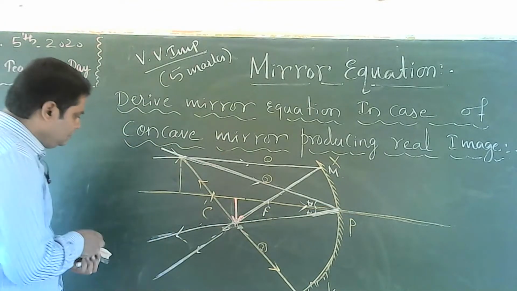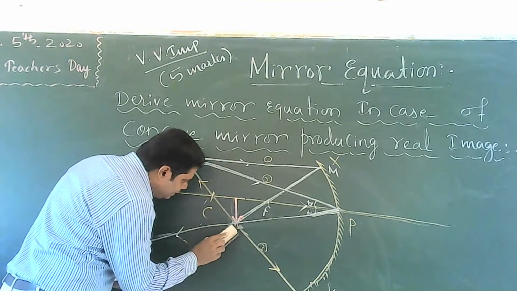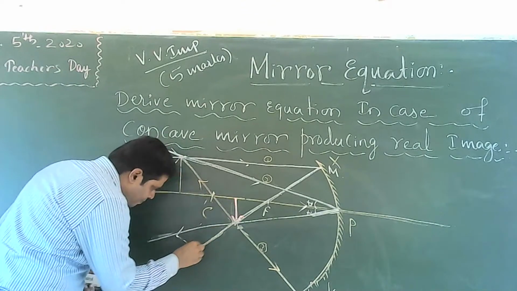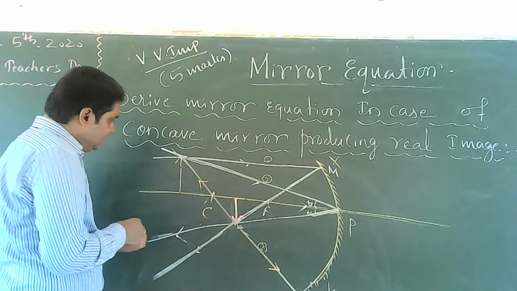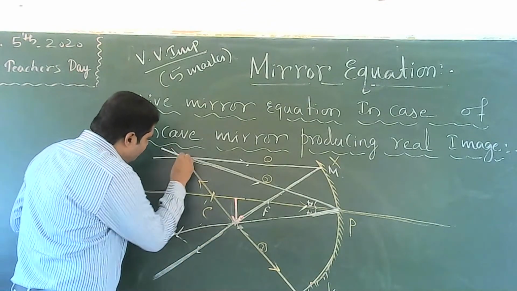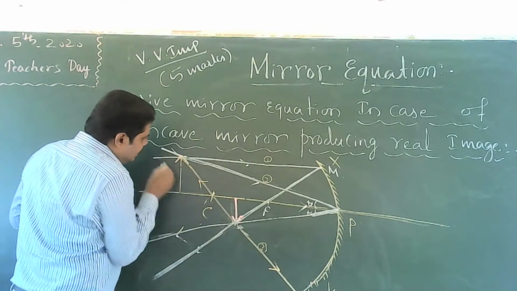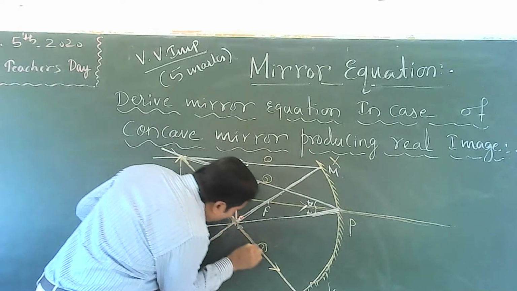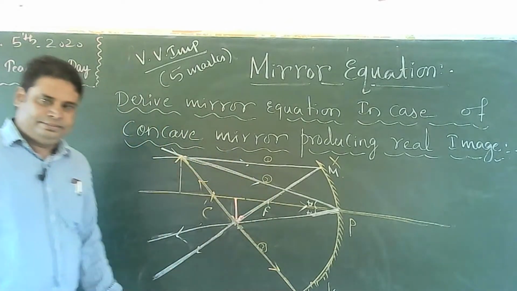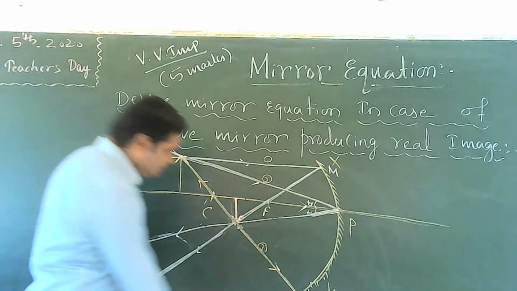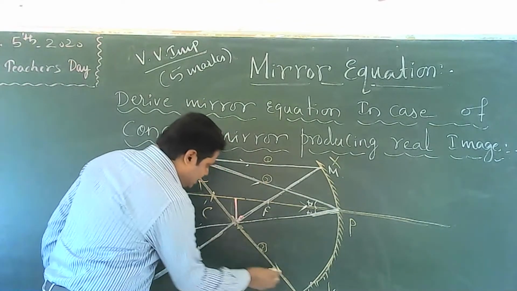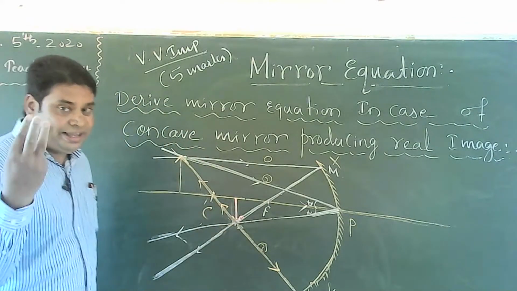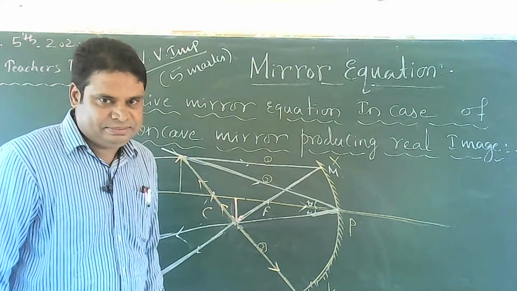Third ray: we have to consider a ray from this object passing through C. After incidence, it will retrace its path. These are the three rays in this picture.